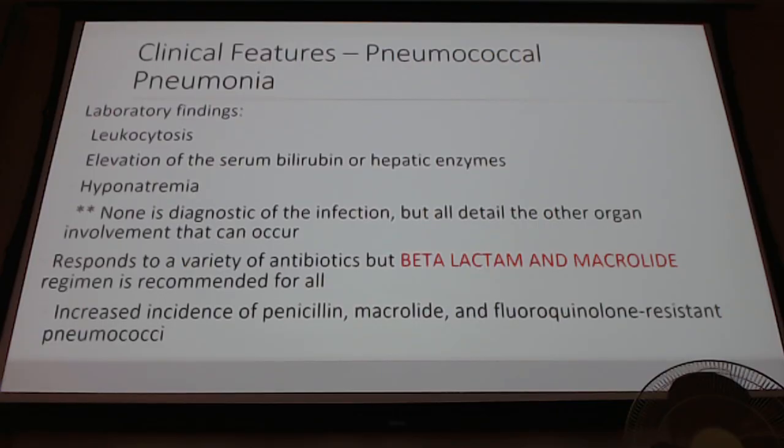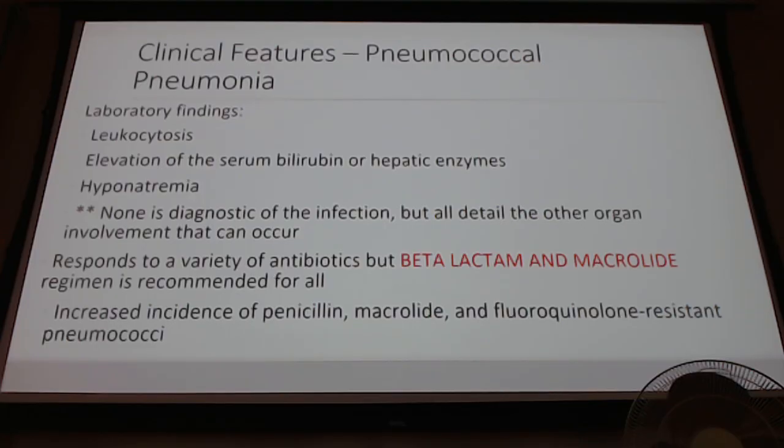If you get a liver panel or your comprehensive metabolic panel has liver enzymes on it, you might see elevated bilirubin and hepatic enzymes and hyponatremia. That's typically with Legionella specifically, but it is a consideration if you're unsure or if they have the right history where you would suspect that.